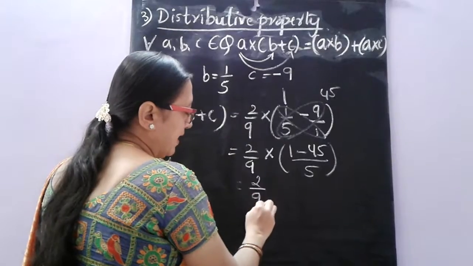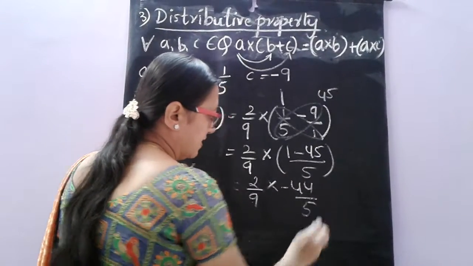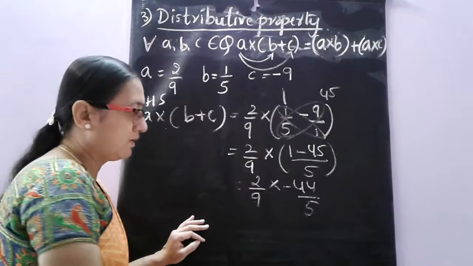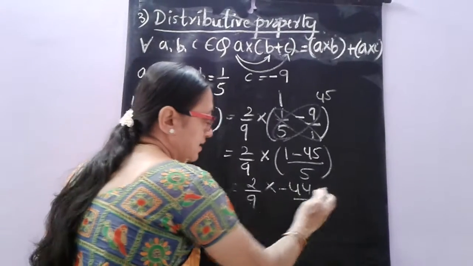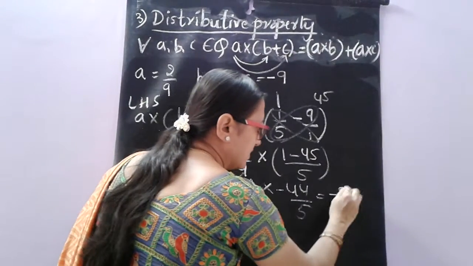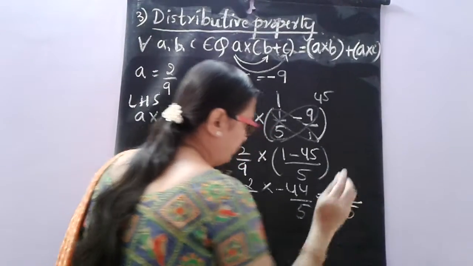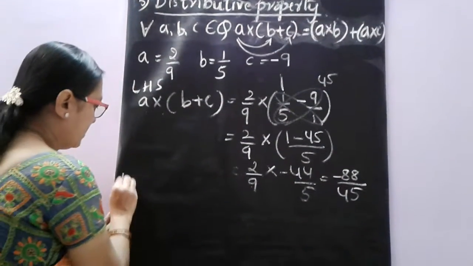This is 2 by 9 into minus 44 by 5. Is it possible to cancel anywhere? Not possible. Directly you have to multiply numerators and denominators here. 44 2s are 88, minus 88 by 9 5s are 45. This is LHS.